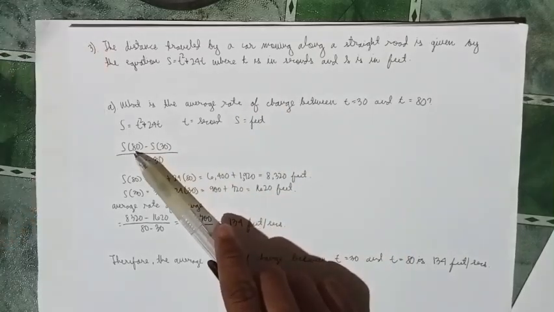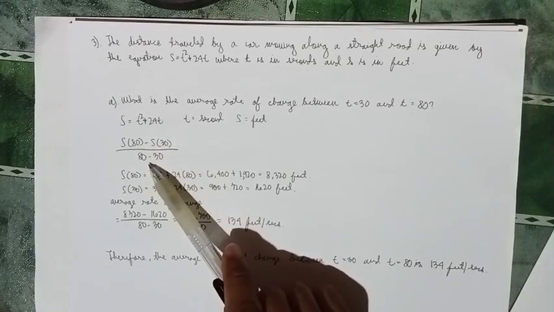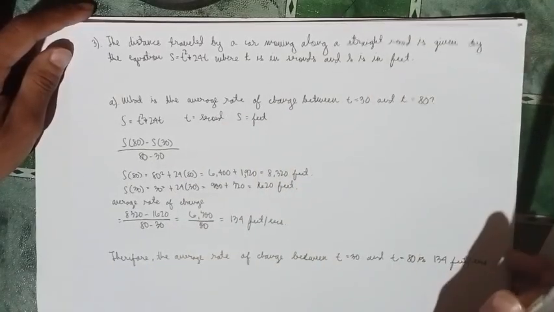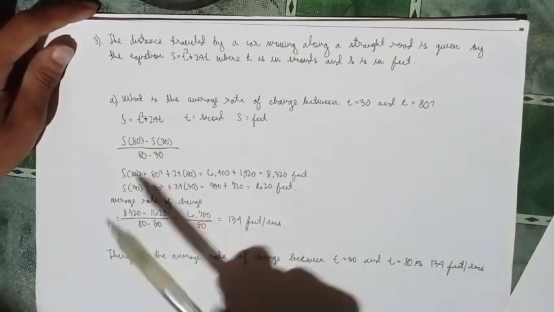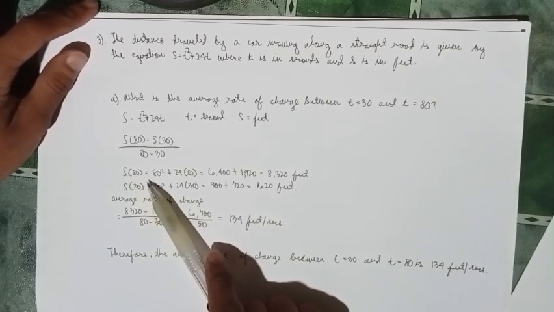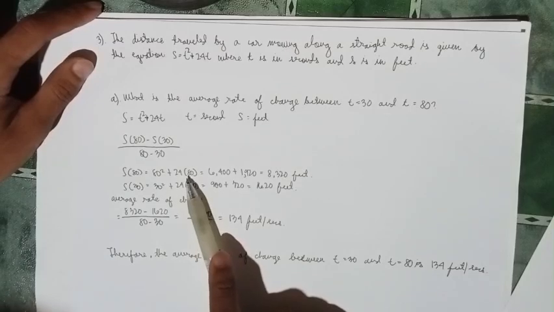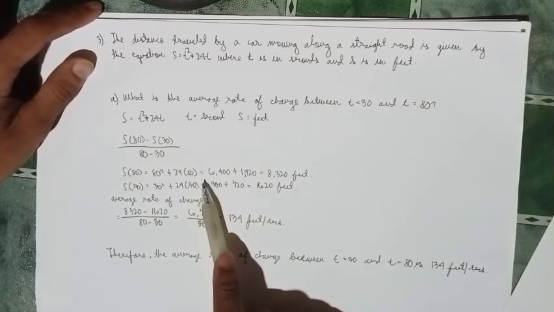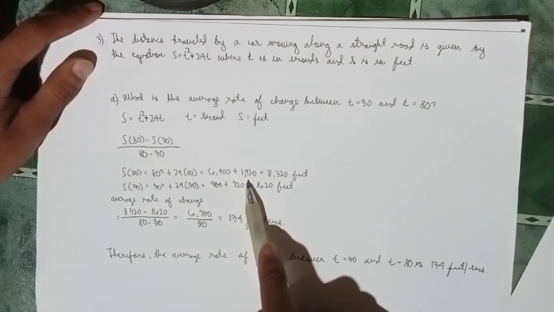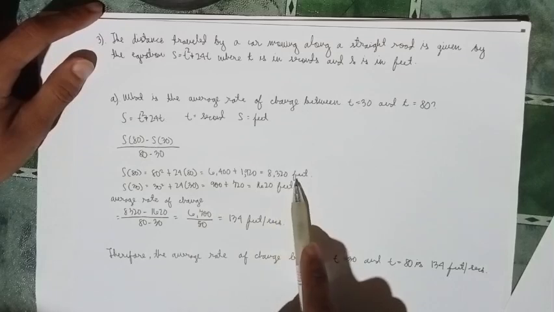So first question: what is the average rate of change between t is equal to 30 and t is equal to 80? So s of 80 minus s of 30 all over 80 minus 30. Let's substitute the 30 and 80. Here s of 80 is equal to 80 squared plus 24 multiplied by 80, which is 6,400 plus 1,920, which is equal to 8,320 feet.